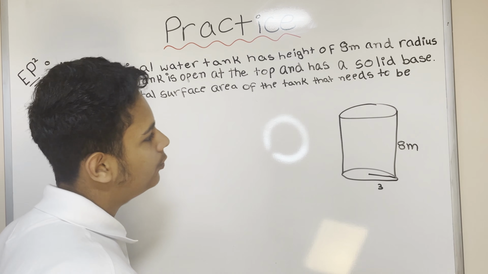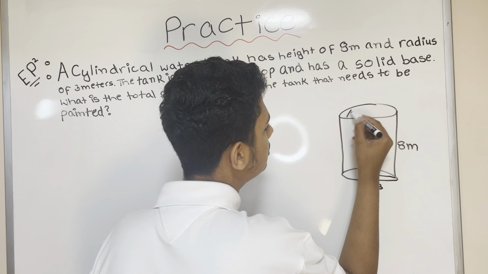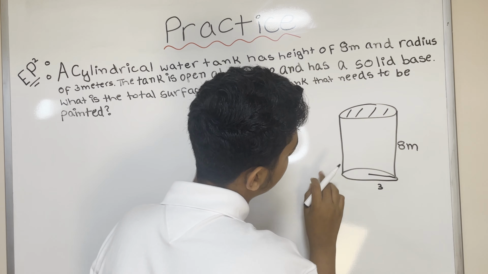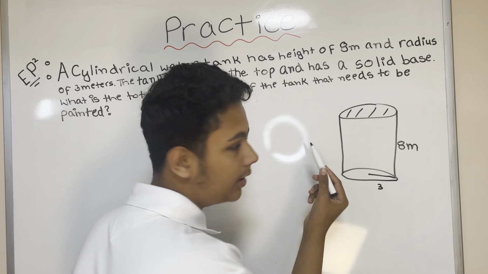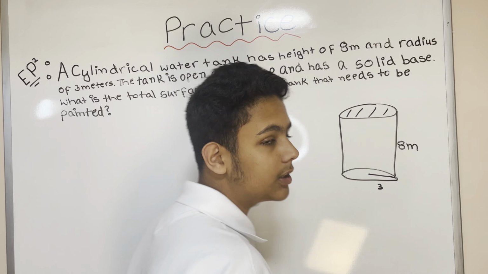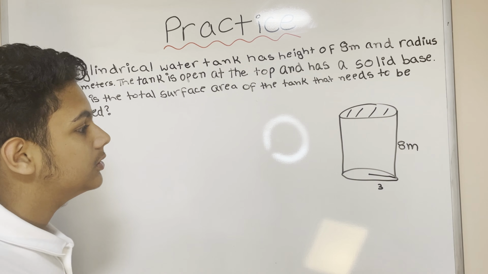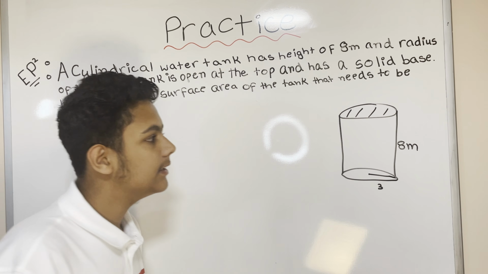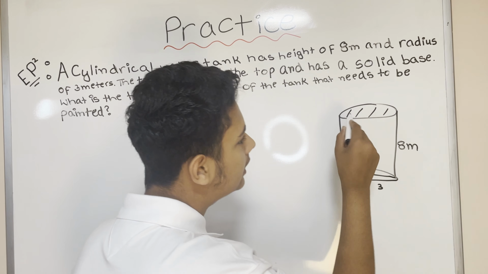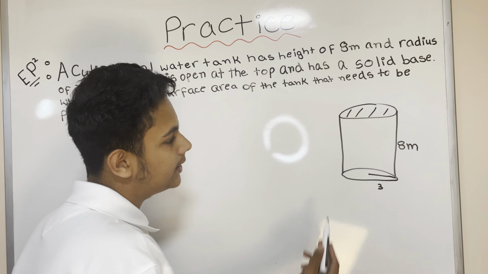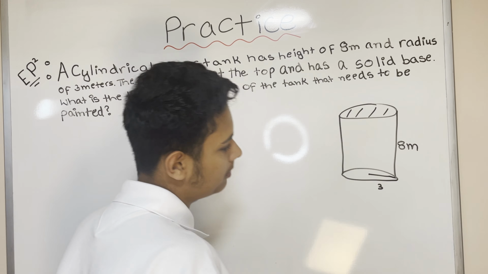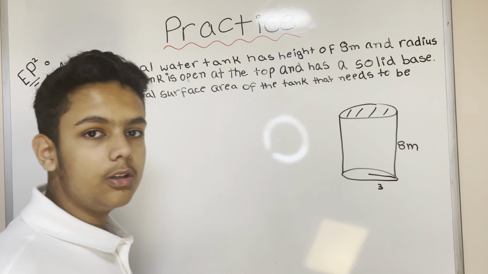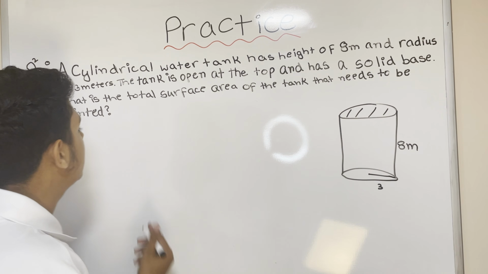So we do know that there is no top. We need to find the surface area of the curved part and the circle at the bottom. So same, there are two ways. You can either take the total surface area and then remove the top part, or take the curved surface area and add the bottom part. So you can try both of them just for more practice.